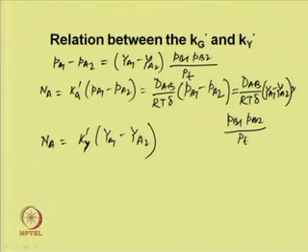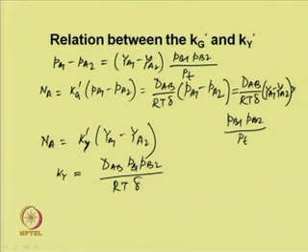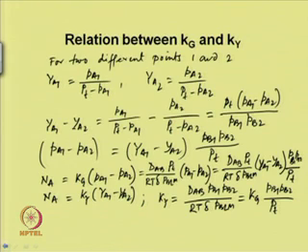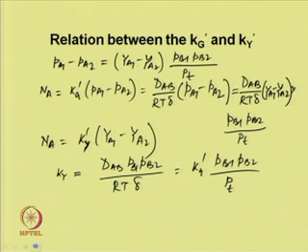So, we can write Ky dash is equal to dAB Pb1 and Pb2 divided by RT delta is equal to Kg dash Pb1 Pb2 by Pt.